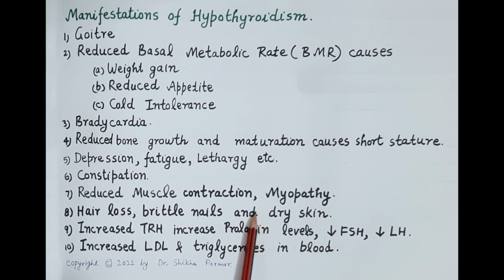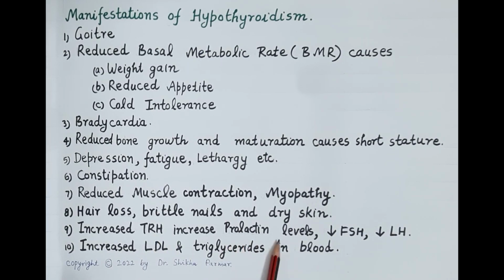Now reduced T3 and T4 stimulate the hypothalamus, and this increases the secretion of TRH from the hypothalamus during hypothyroidism. And this increased TRH stimulates anterior pituitary to increase the production of prolactin.